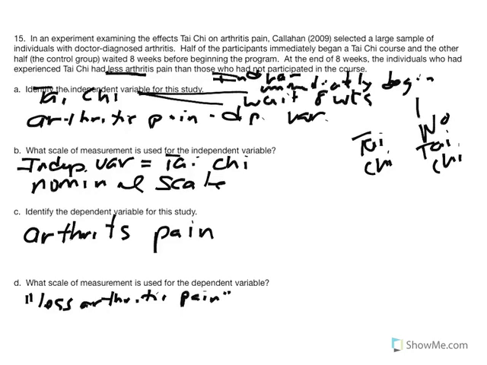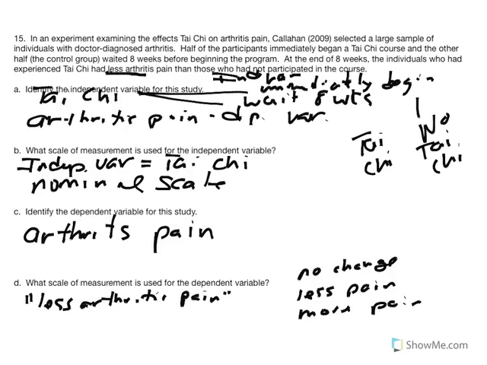We may identify individuals as no change in pain, less pain, more pain. Right? These are all named categories to identify the effects of Tai Chi on the dependent variable. And again, because we have named categories, we know it falls into a nominal scale of measurement.